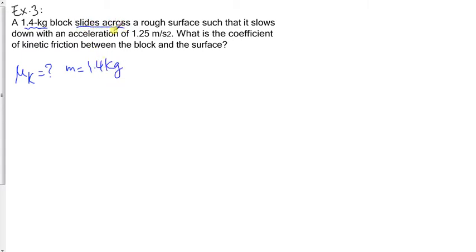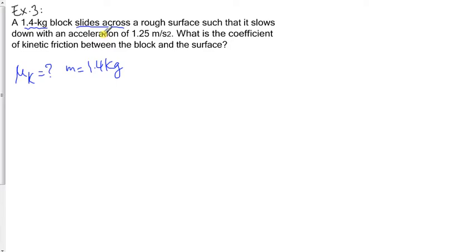Slides across. What does it mean that the block is sliding? Sliding means it's moving under the action of the force of friction only. There is no force of push.